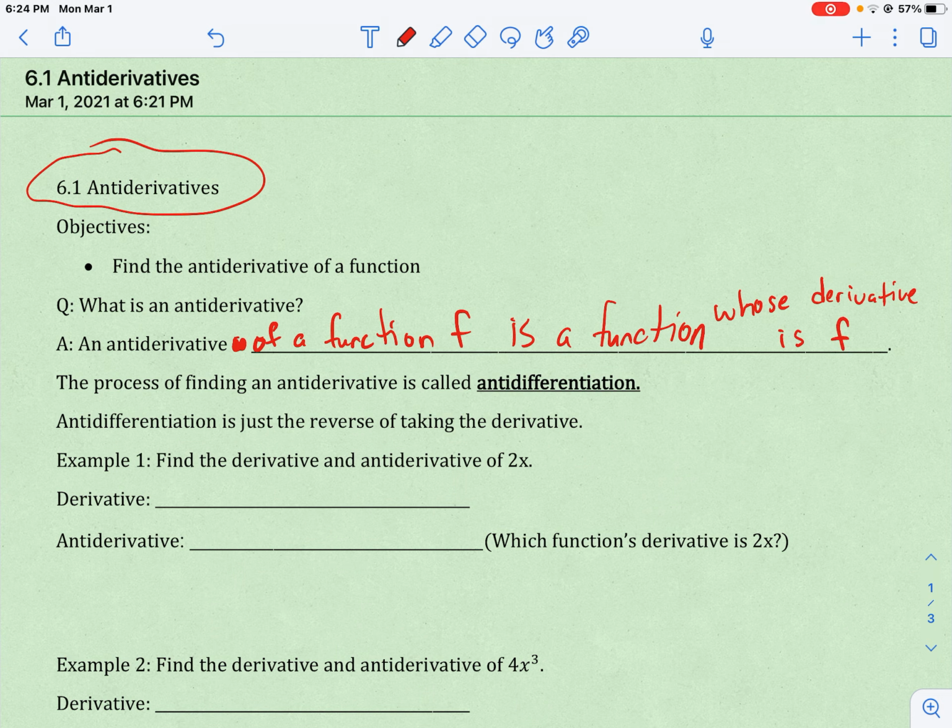So basically, instead of taking the derivative, you're looking for a function that when you take the derivative of it, the derivative will be f. I'll show you what I mean by that in a second.